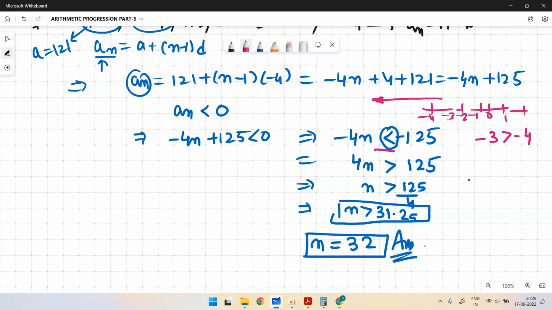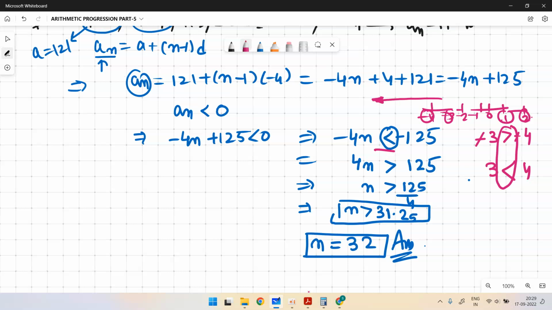So minus 3 is greater than minus 4. If you cancel the minus signs, this becomes 3 and 4, and you know that 4 is greater than 3. So the greater than sign changes to less than, and similarly less than changes to greater than when you cancel the minus sign.